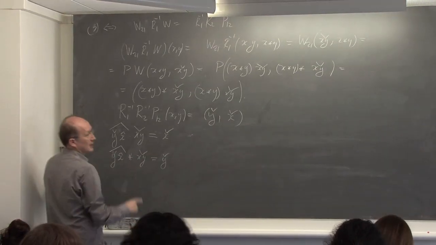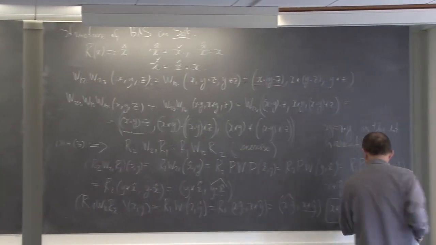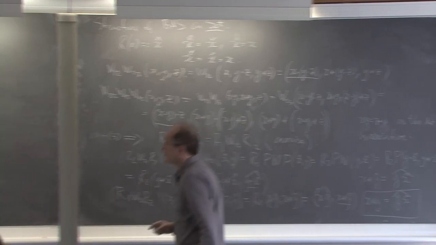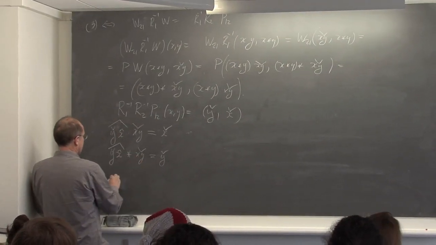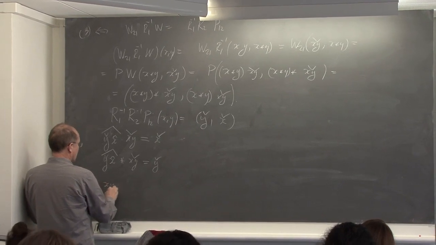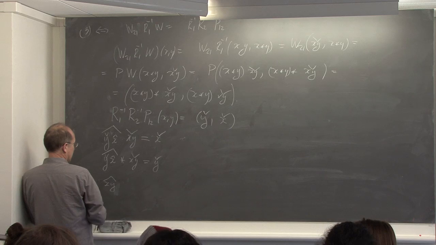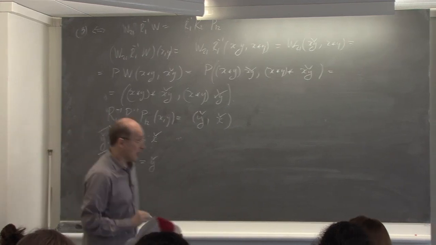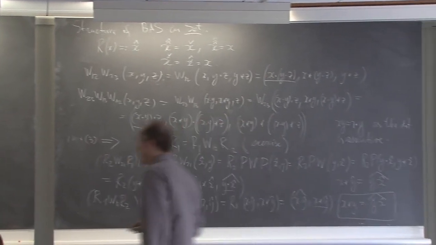So what is a star? So we put first the second argument with check. So it will be x, y, double check will be hat. Then we multiply first argument with hat.